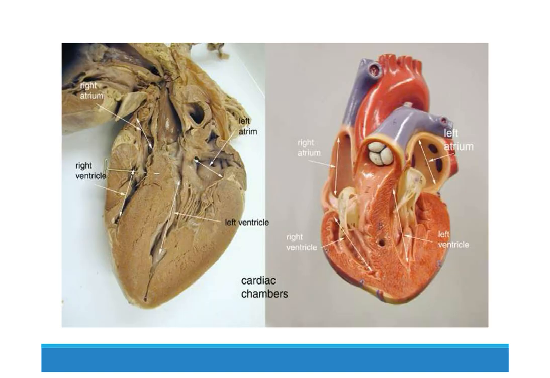Here's a picture of a cadaver heart, so you can see how thick this muscle wall is here in the left ventricle. This is your left ventricle, your right ventricle over here, much thinner wall, and then the septum dividing the two down the middle on this side. Looking at the atrium, you've got a much thinner wall there.